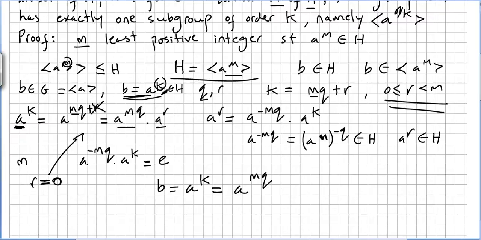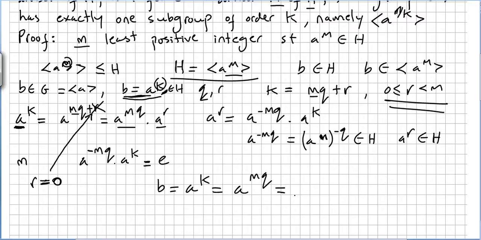This r here is 0, so b is a to the power of k, which is a to the power of mq.